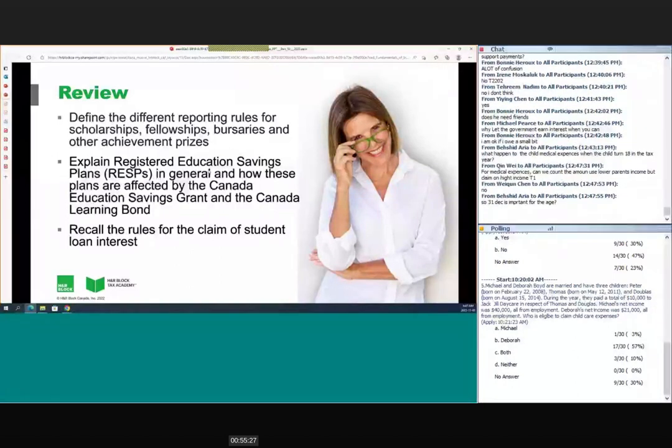Only if the dependents are over 18, then it relates to their income. So no, for the medical expenses, if you have a couple and they have children under 18, it is 3% of net income. So you'd have to look to see who can make the claim. Most of the time, the higher income parent cannot make a claim, and a lot of times the lower income parent cannot make a claim.